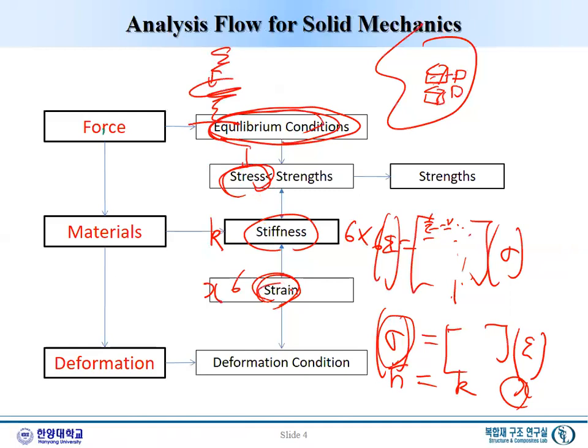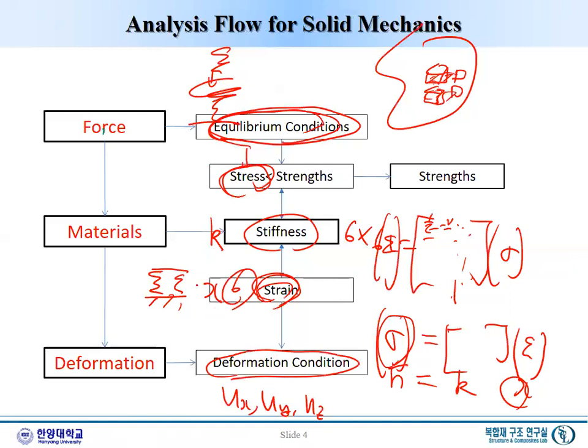Now, deformation. What is the deformation? Well, deformation-wise, the springs are like that. They have to deform together, right? Very similar concept. This guy, when it deforms, they have to meet certain conditions. Why? Because for deformation, we have only UX, UY, UZ, but this is 6 components. So for 6 components, there have to be some restrictions.